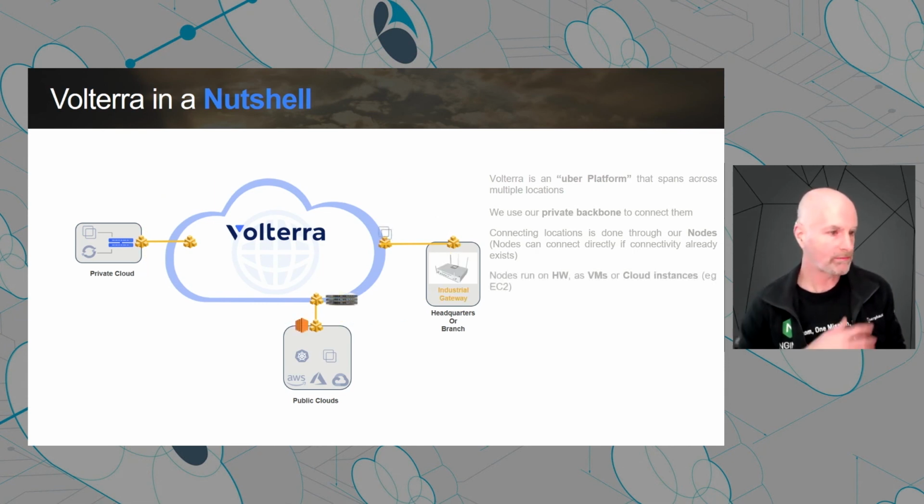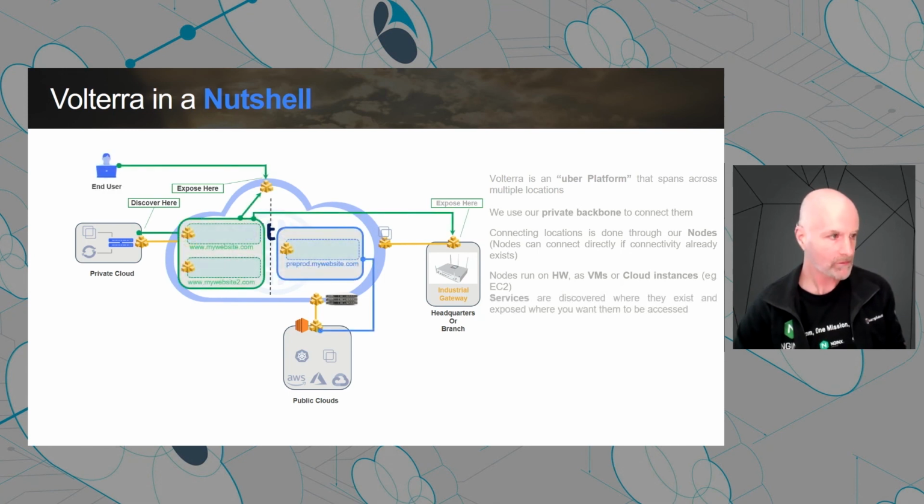You can deploy within a number of different options, like I said: hardware from industrial gateways to servers that we sell, VMs, and cloud instances in public cloud, which are automatically deployed, by the way, from the SaaS platform. You can discover applications in environments. On the left, in the public cloud environment, for example, the Volterra node has discovered an application, and then you choose through policy to make that application available in other locations.